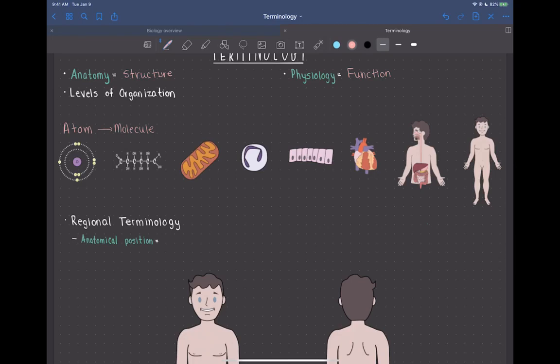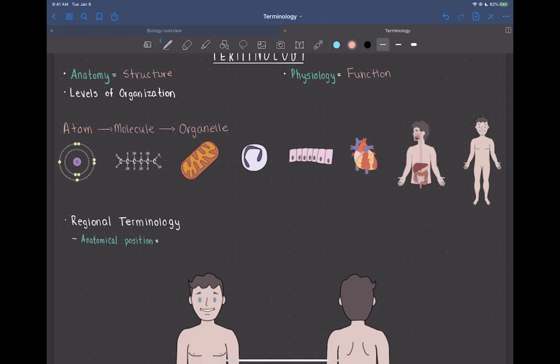Different molecules, we put them all together to form the structural components within a cell. That is called an organelle. Okay, so for example, this organelle here is a mitochondria. It's also important for you to know some examples of each of these.